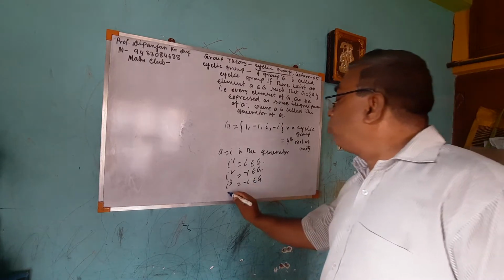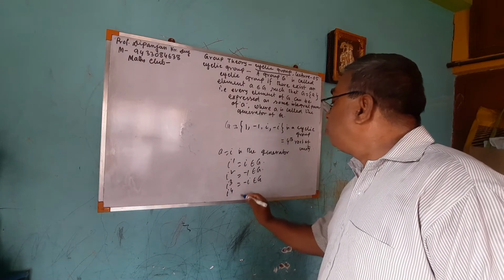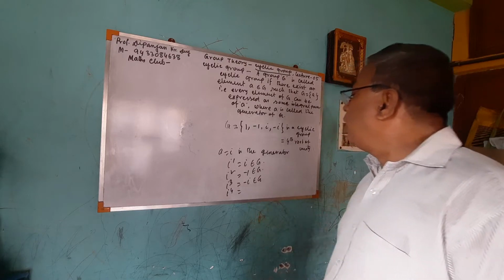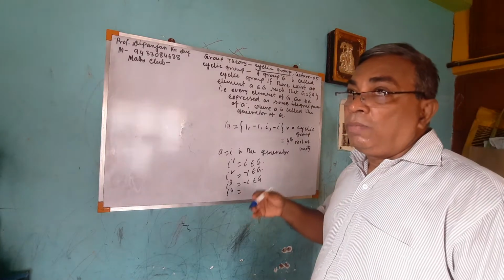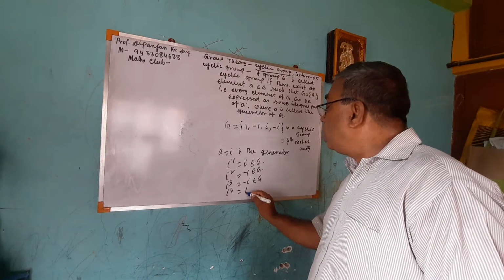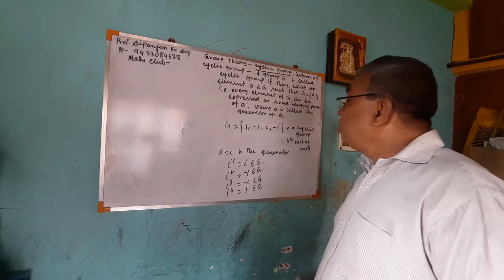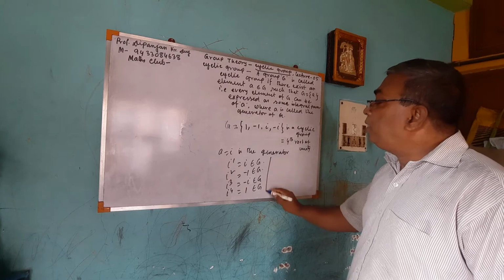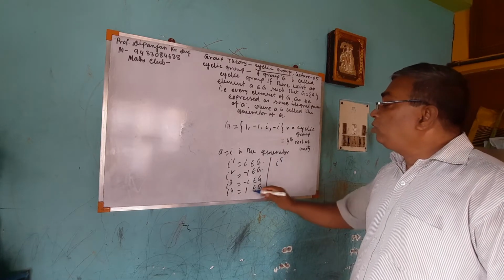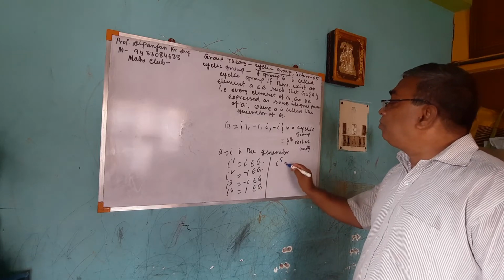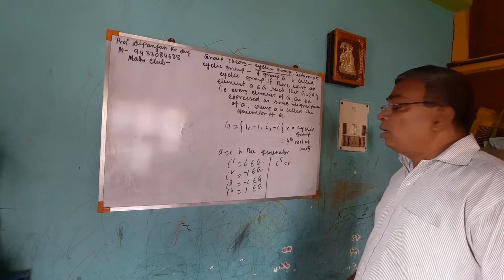i to the power 4 is i square times i square, minus 1 into minus 1, that is 1. It belongs to G. Now if I increase the power, i to the power 5, since i to the power 4 is 1, i to the power 5 is also i.